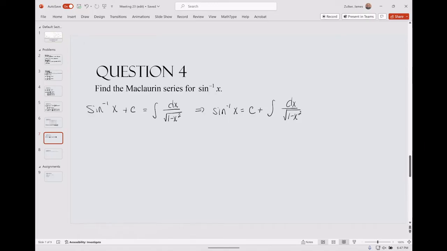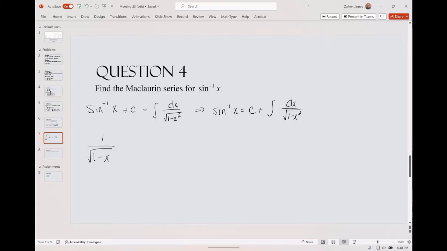But what if we start with that? These derivatives are no longer going to require quotient rule. Then once we get the expansion for that, we just replace x with x squared. That will give us this. And then we can take that antiderivative to get the inverse sine.